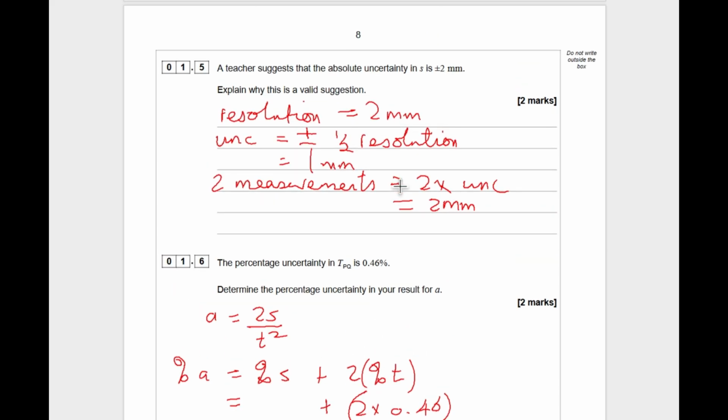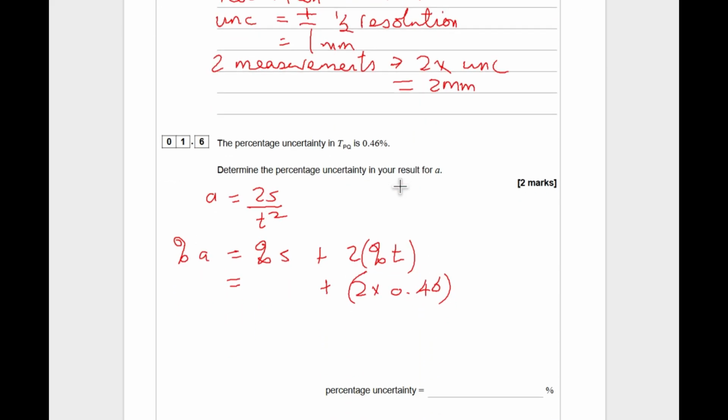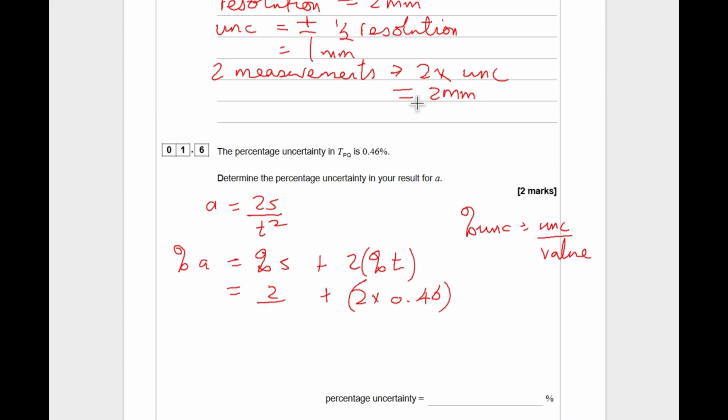Now, the percentage uncertainty in S, so how do you work out percentage uncertainty? It's equal to the uncertainty over the value. Okay, so we've got all this. So it's 2 millimeters over 170. And obviously you want it as a percentage, so you times by 100. So when I put all this in, that is 1.176%.